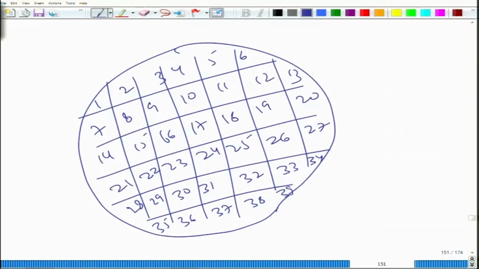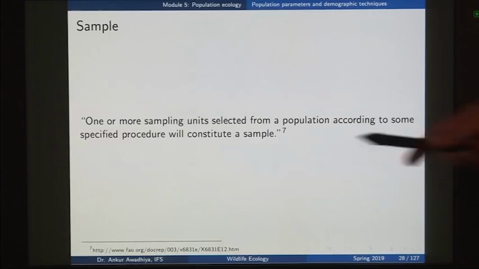So, we have these 39 subunits, and if we say that we are selecting units 9, 19, 29 and 39, we are just taking these 4 out of these 39. So, these 4 will form a sample. So, these are one or more sampling units that are selected from our population according to some specified procedure, and here our procedure was that any subunit that ends with a 9 is part of our sample.